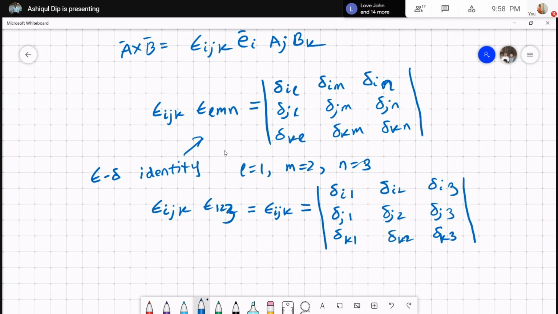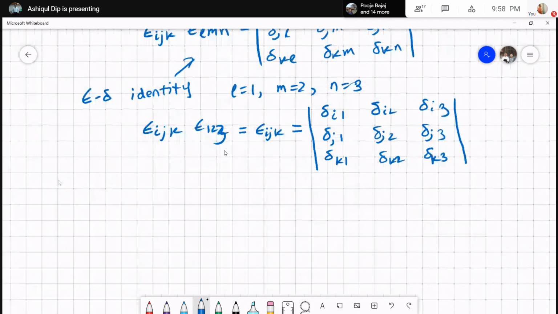Can you prove that? Okay, let's prove it. It's not going to be that hard. So how do you take the determinant of something? This thing multiplied by the determinant of this small matrix, right?